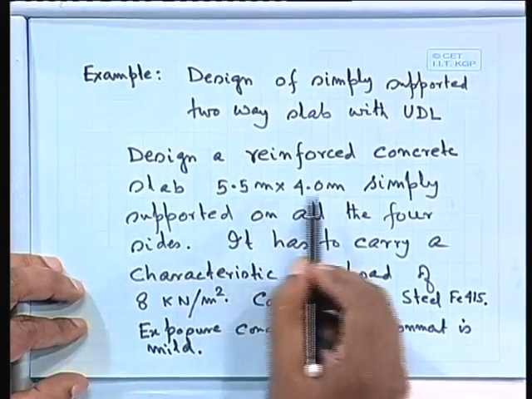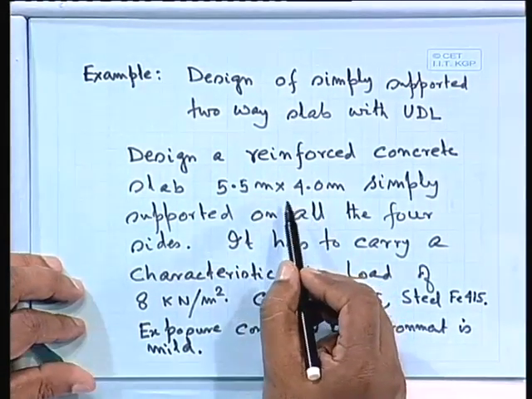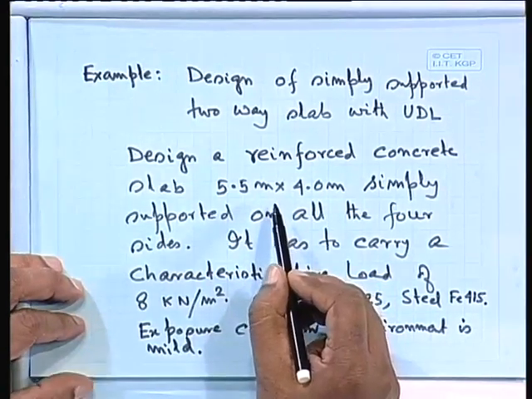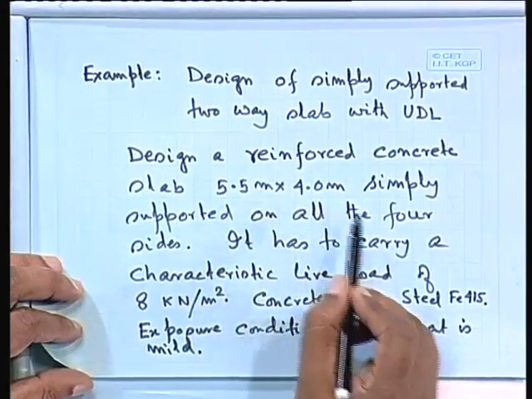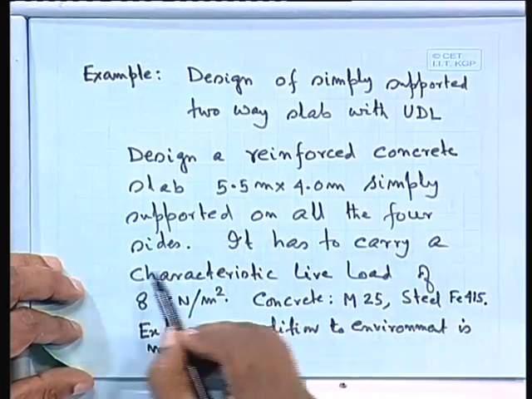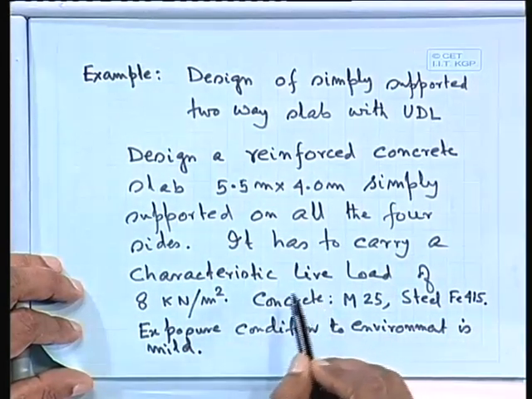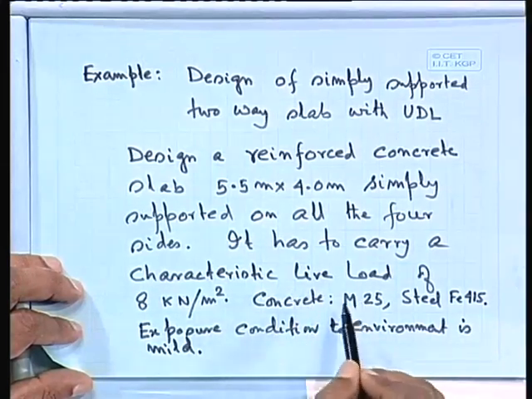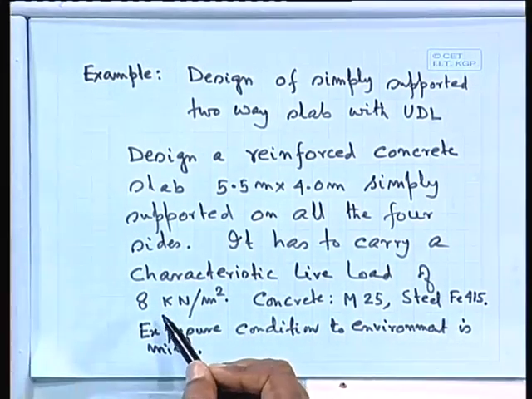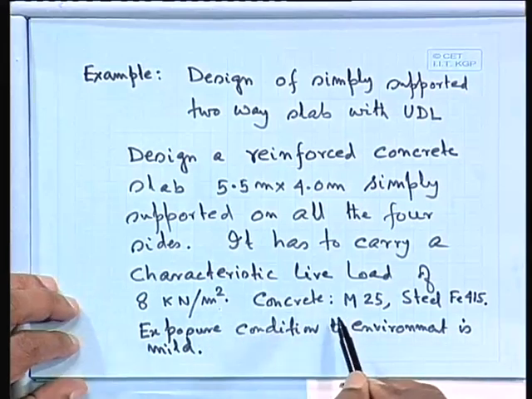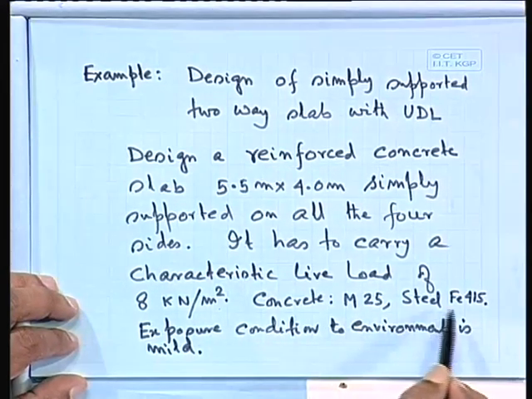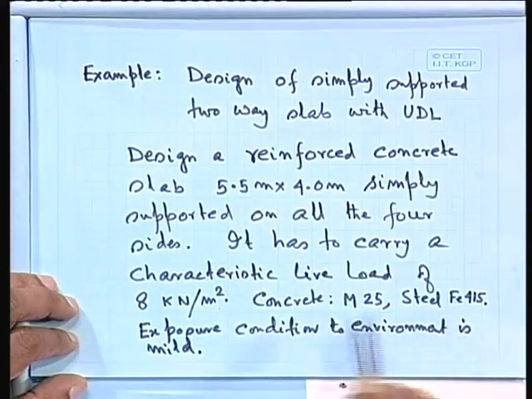So, 5.5 meter by 4 meter. Obviously, this is a case of design of a two-way slab problem. It is supported on all four sides. It has to carry a characteristic live load, not the factored one, that means you have to multiply with 1.5, that is quite high, that is 8 kilonewton per square meter. Concrete M25 and steel Fe415.